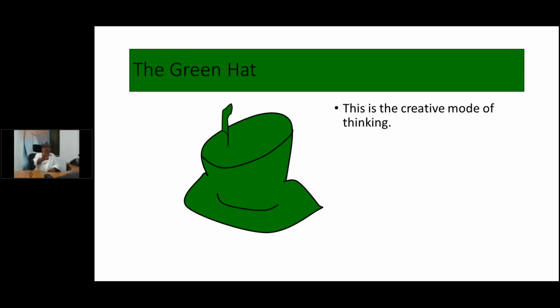You look beyond the problem, not at the problem, but beyond the problem, to find various novel solutions to that particular problem. So this is the way to look at the problem from a different point of view, from a different perspective, so that you can have different variations of the same problem.